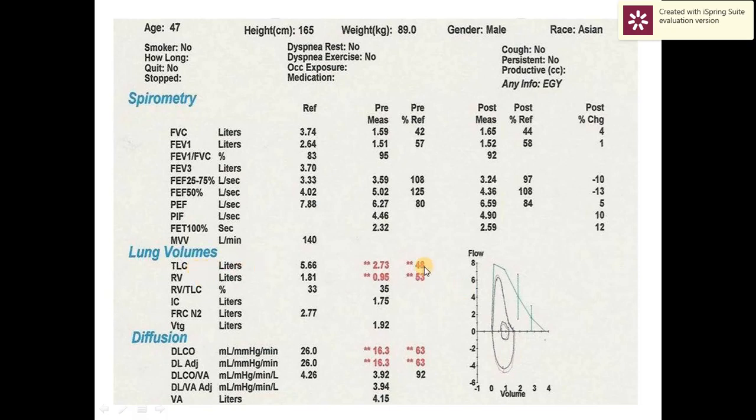Total lung capacity 48%, not TLCO, and residual volume 53%, also severely impaired. Diffusion capacity 63.